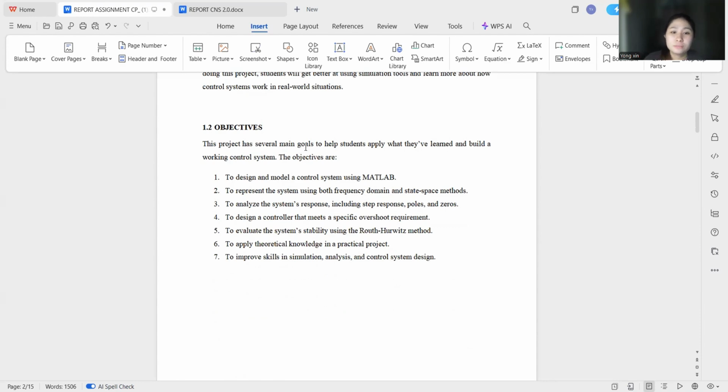This project has several main goals to help students apply what they have learned and build a working control system.